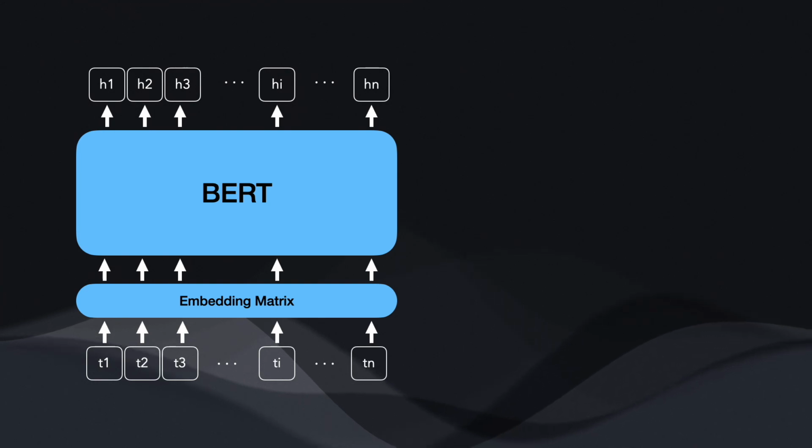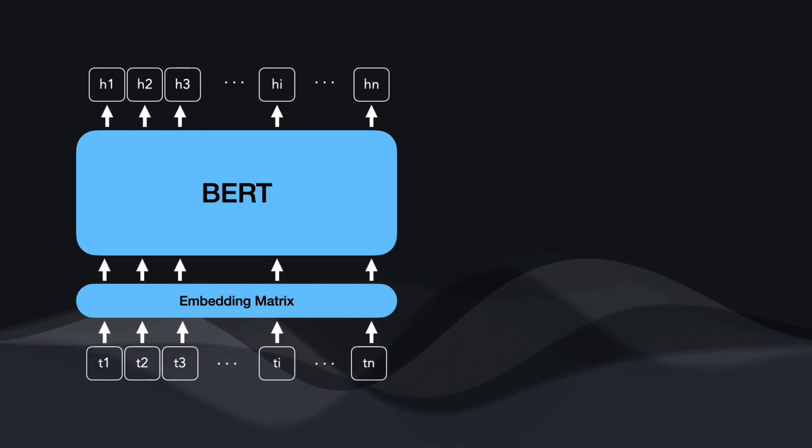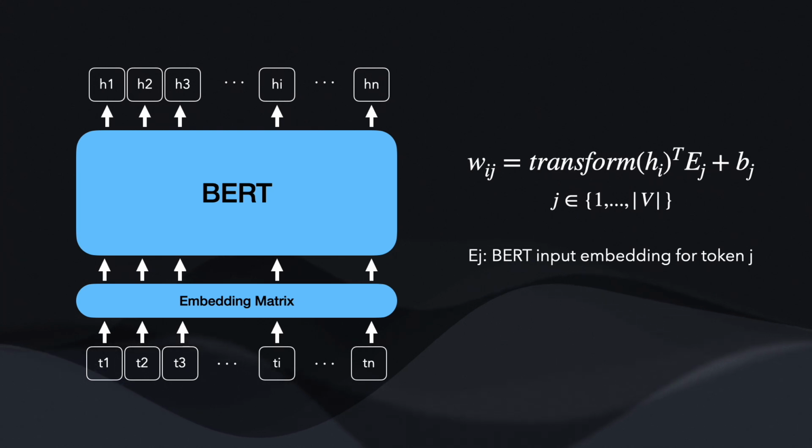First, let's look at how we can get the term weights for each query and document in the SPLADE model. Imagine we have an input token sequence from T1 to Tn, and its corresponding BERT embeddings from H1 to Hn. To get the value of how much each token in BERT vocabulary is connected to the word in the input sequence, we can think of term importance factor, Wij, where j is a token from BERT's vocabulary and i is a token from the input sequence.